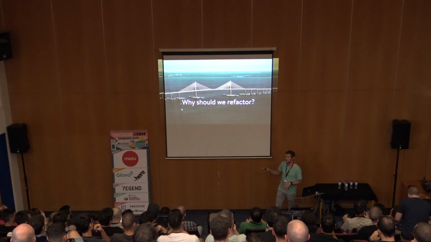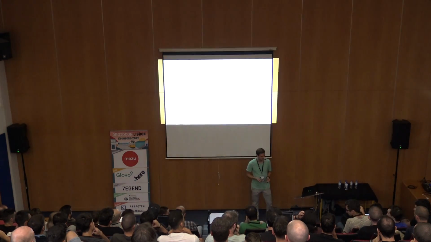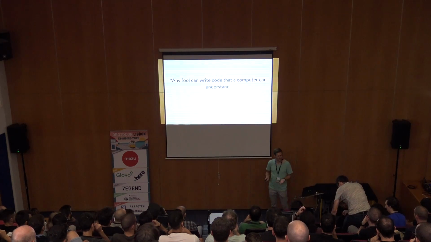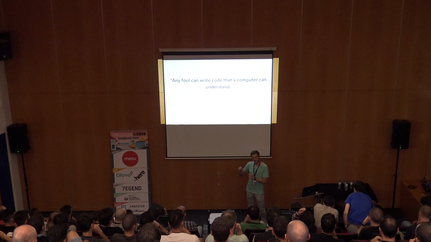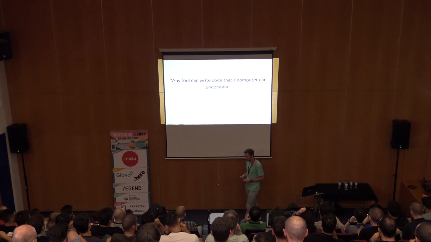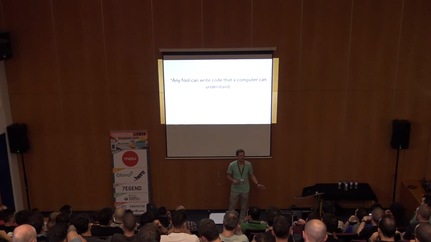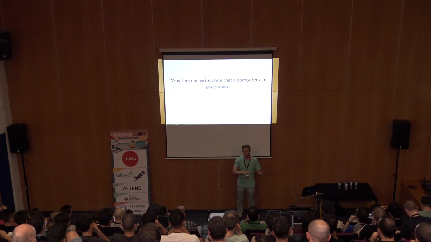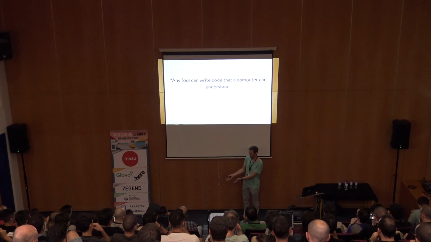For us, it's sometimes hard to argue to management or product owners why we should even refactor. And like I said before, any fool can write code that a computer can understand. So I didn't say that before, but making code easy to read really makes sense. If you maybe remember when you started coding at the university or somewhere else, or when you were a kid, you just write some code, it works, and then you take a look at it a day after that, or maybe a week after that, and it's like, I have no idea what this code is doing.